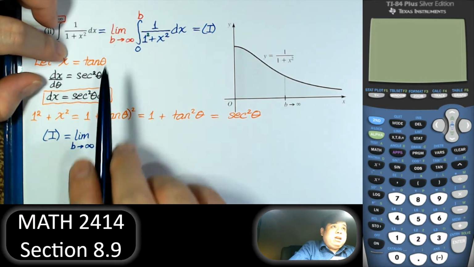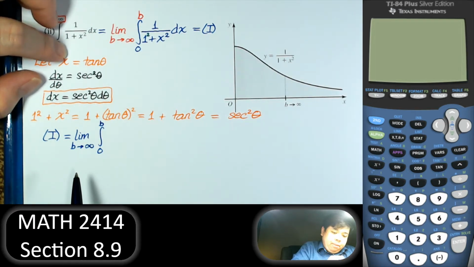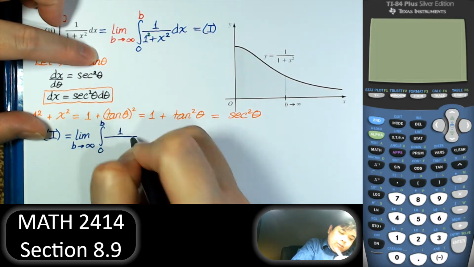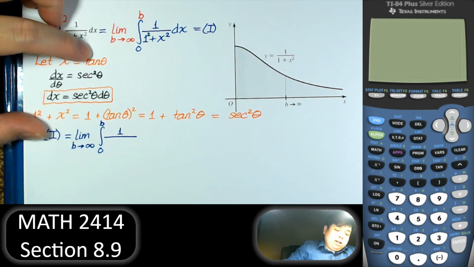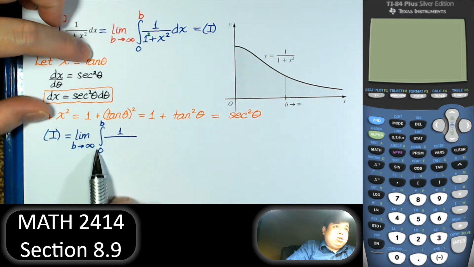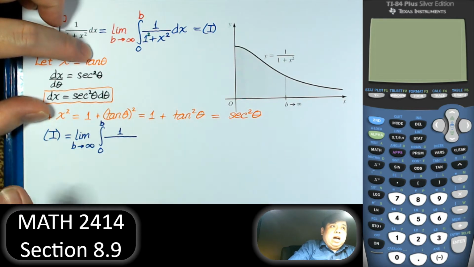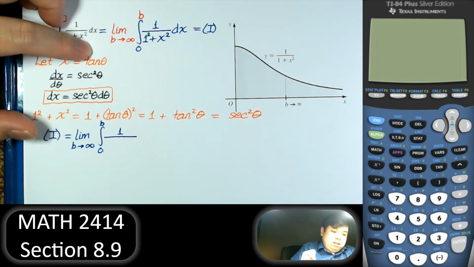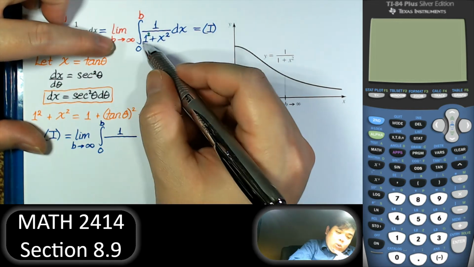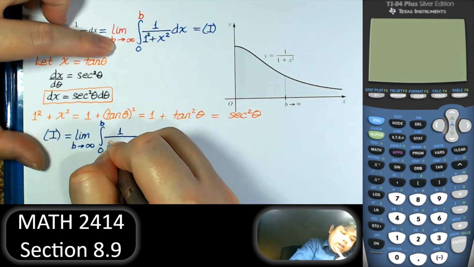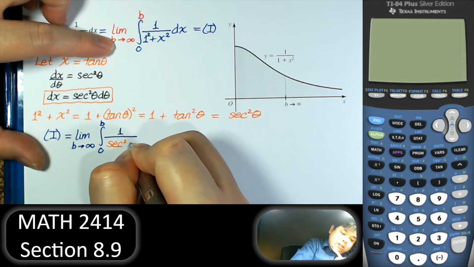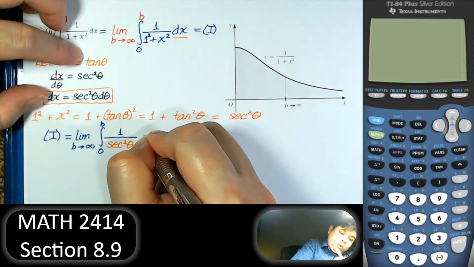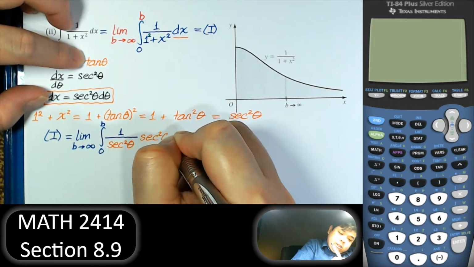I'm just going to keep it like that. I'm just going to, at the end, convert back into x, and then substitute. So keep the limit here. 1 square plus x square, that's secant square. And dx is secant square d theta.